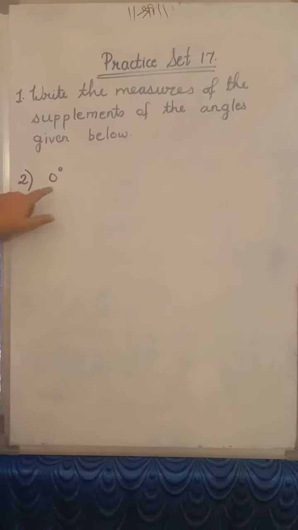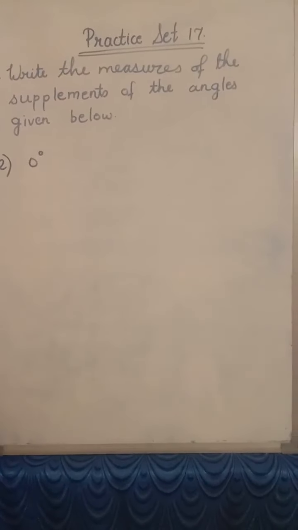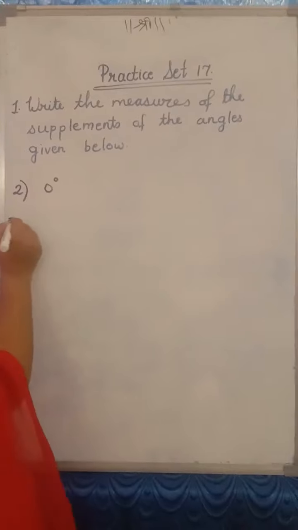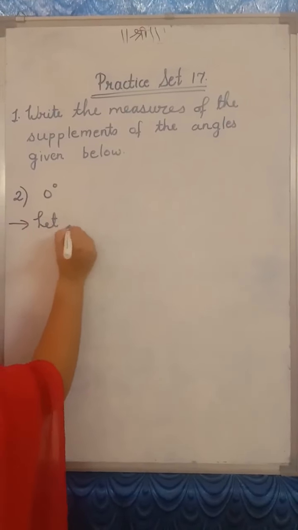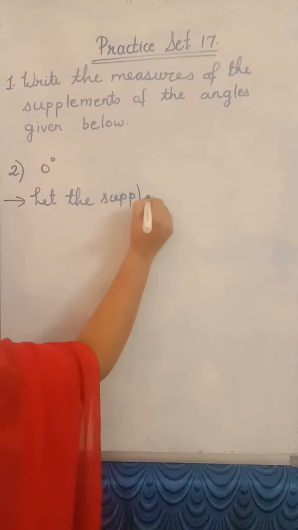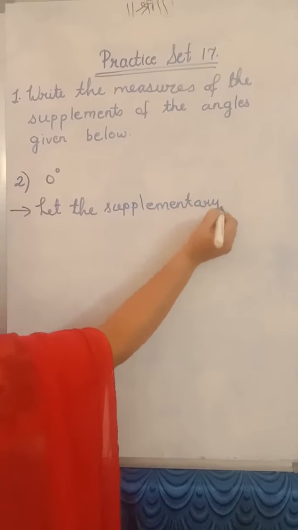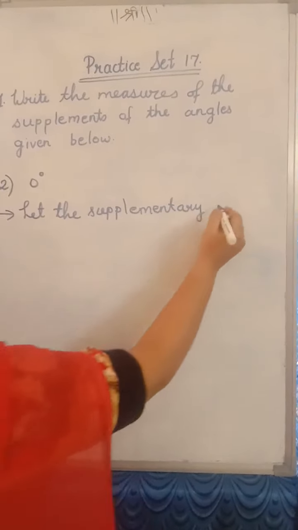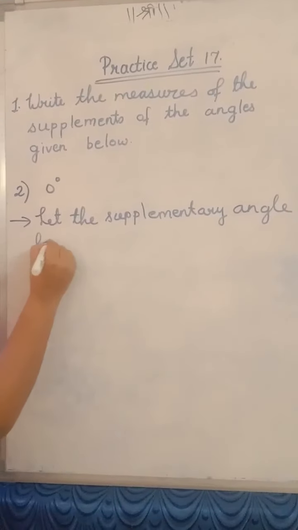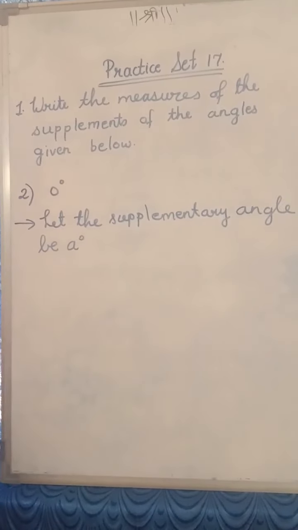Take the next angle, that is 0 degrees. One angle is 0 degrees, the other angle we don't know. So let the supplementary angle be one of the alphabets, A degrees.